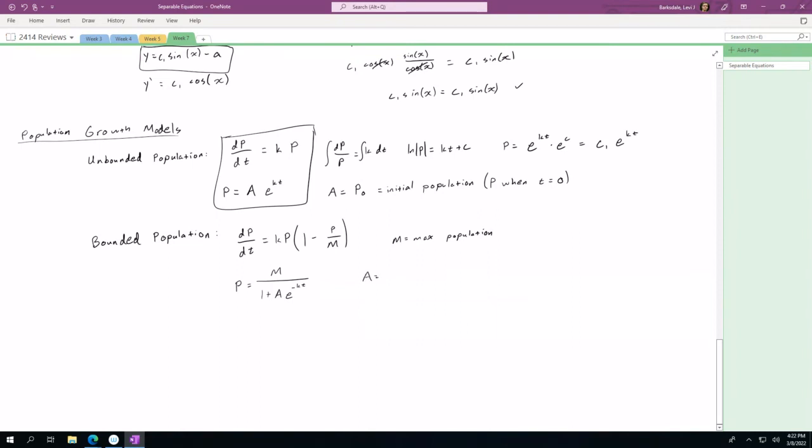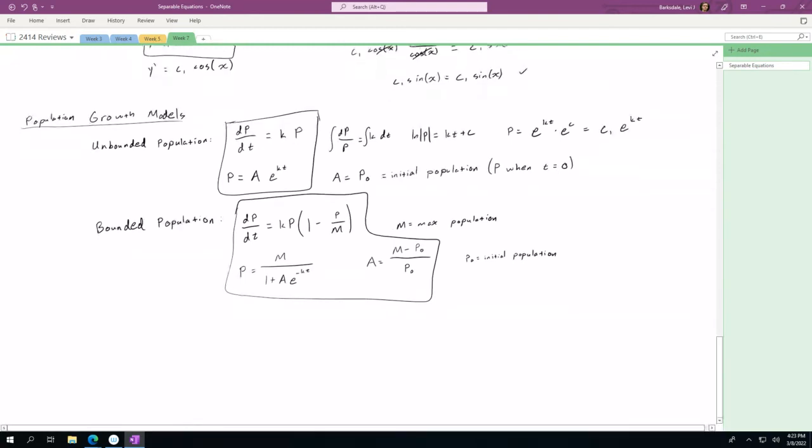In this case, our A value is dependent on both our maximum population and our initial population. So our A value is a little more complicated, but still not terrible. And these are our formulas for bounded population growth.